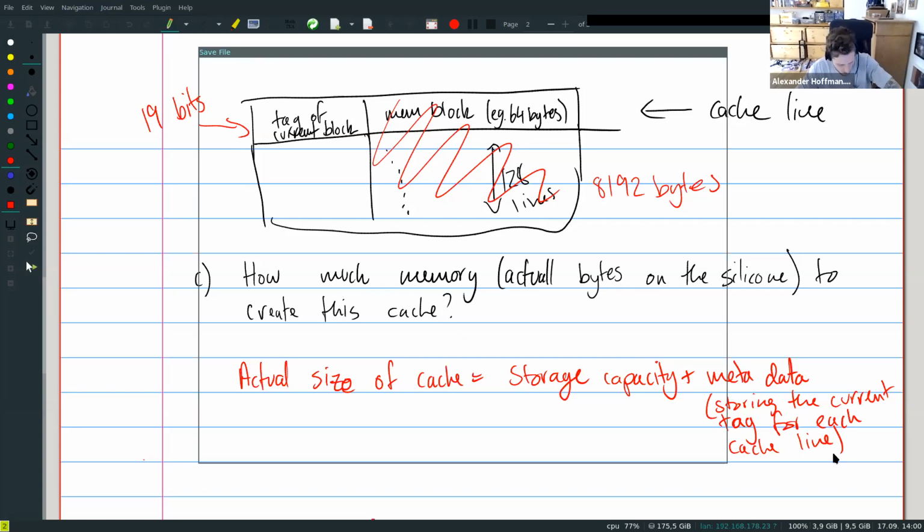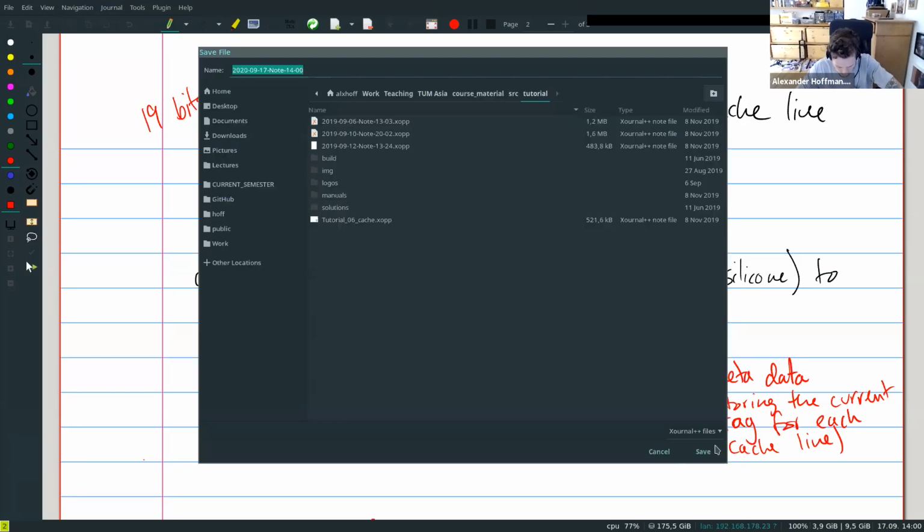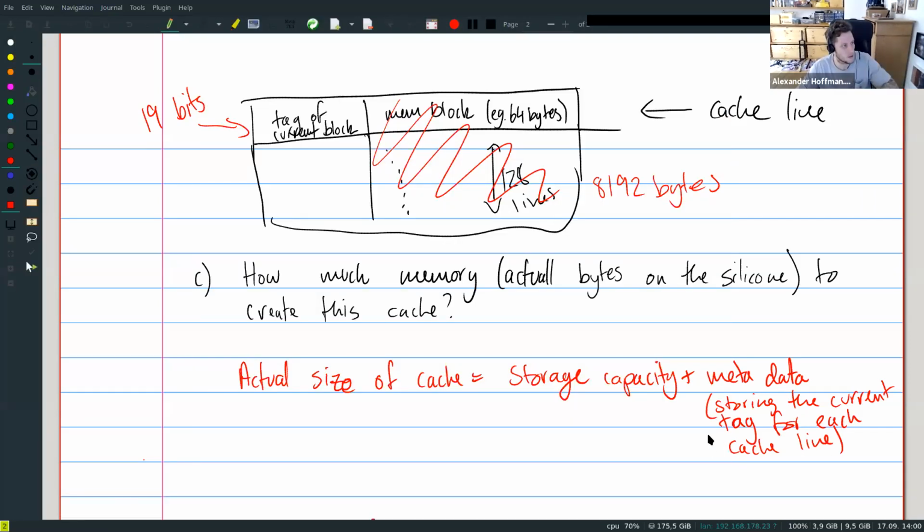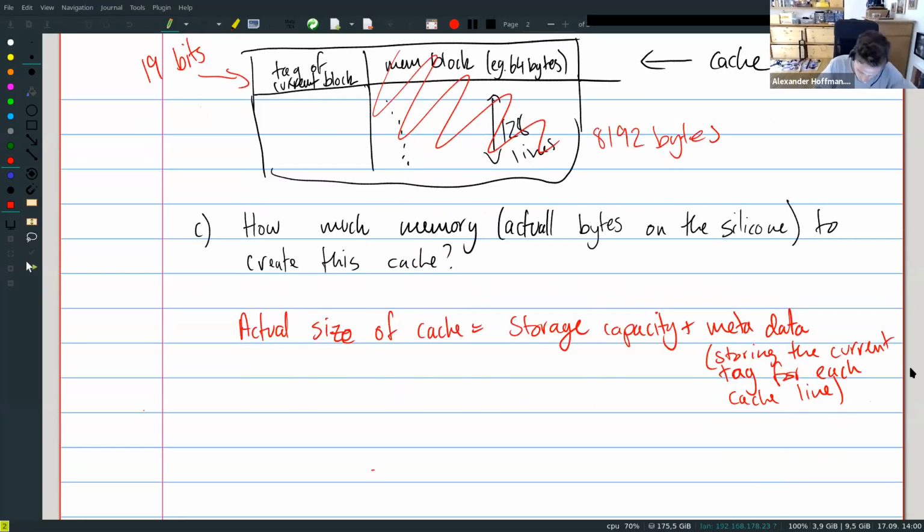So we know the storage capacity was given in the question: 8,192 bytes.